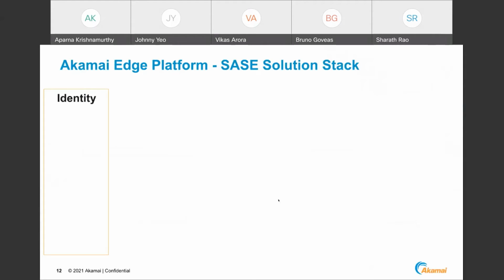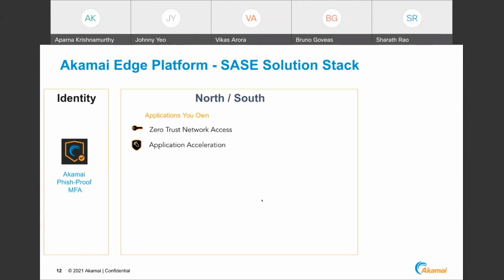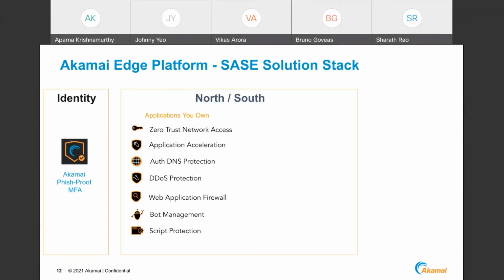So again, I'll build this up quickly and park it here. The three things that I mentioned earlier, the three pillars: identity aware. So we can help with a phish-proof multi-factor authentication. For applications you own, for north-south, for things like Leaf application access, all those apps that I mentioned earlier, you can definitely secure it using the zero trust manner.